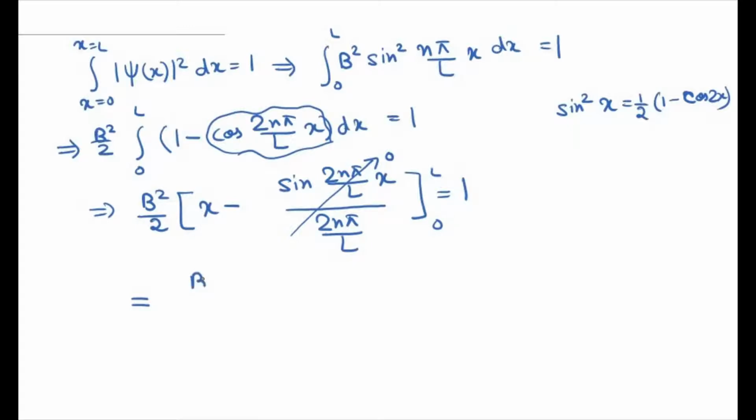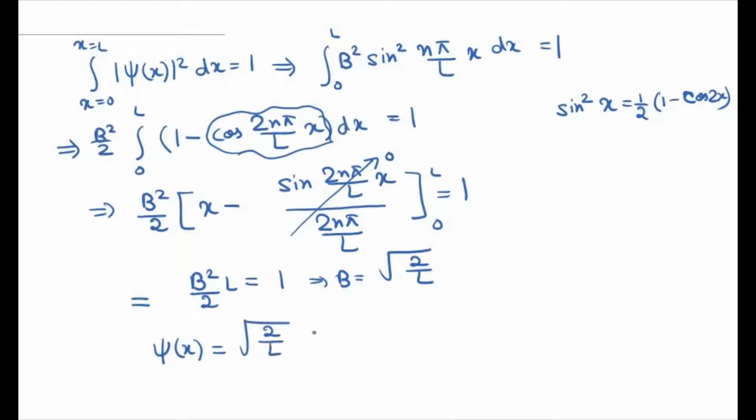So we have B²/2 times L equals 1, so B is equal to root over 2/L. So the overall wave function psi(x) is equal to root over 2/L sin(nπ/L x). This is the solution for the Schrodinger's equation inside our 1D potential well.